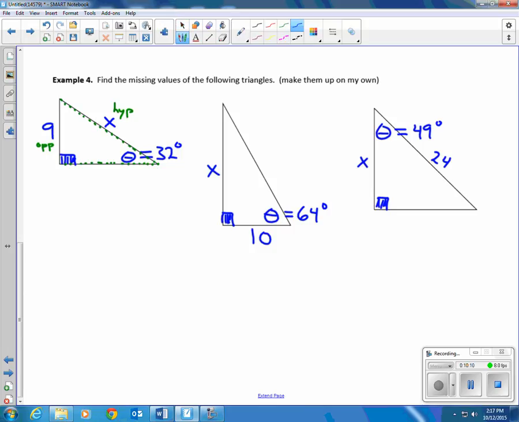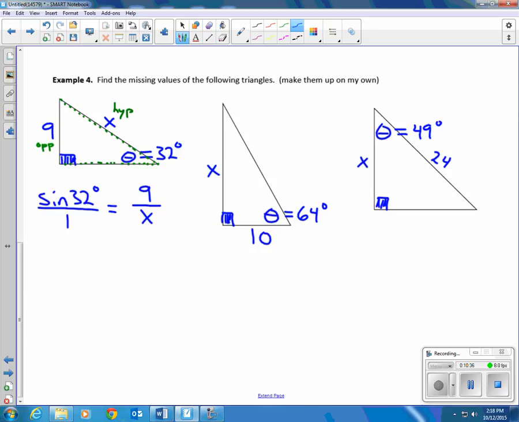So I set up a ratio: the sine of my angle, 32 degrees, over 1 is equal to what? Give me a ratio for what it's equal to. 9 over x. Now, I'm going to cross multiply to solve for this.